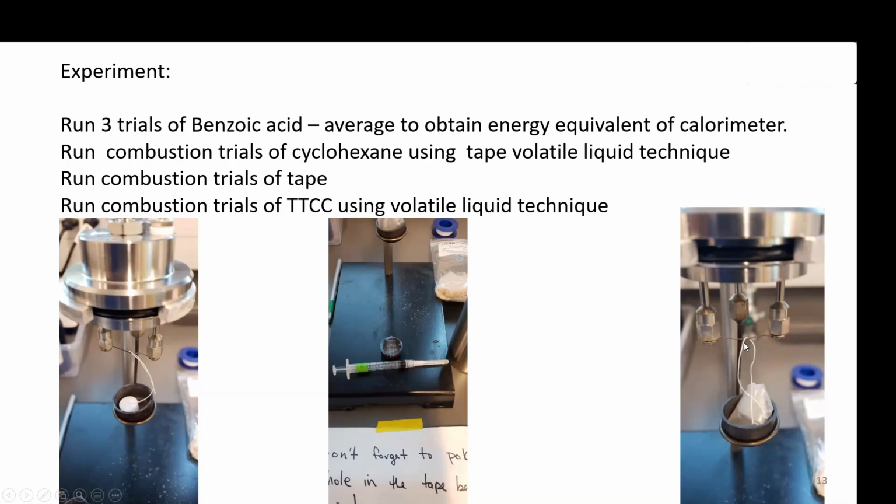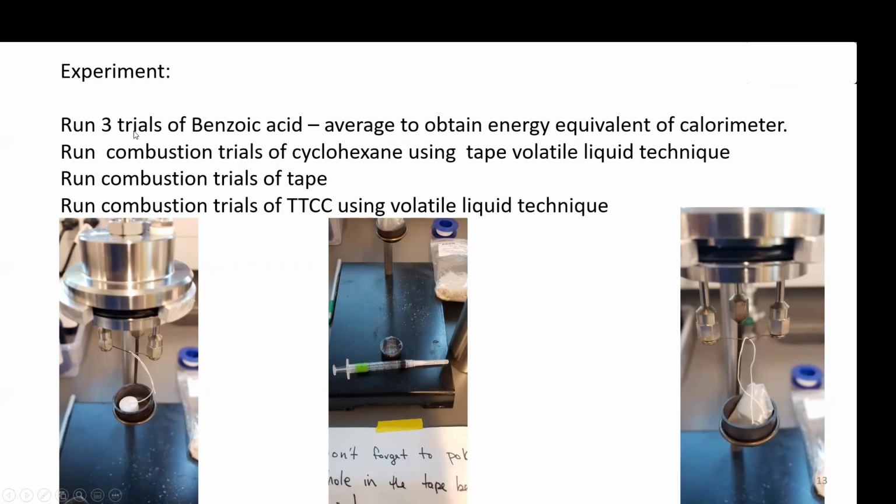And we can calculate how much heat is generated. Since we already know the weight of the tape, we can calculate how much heat is generated per gram, right?